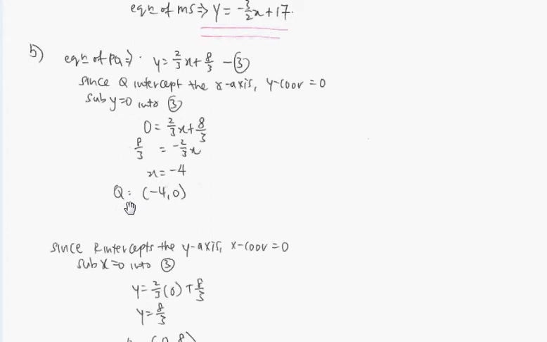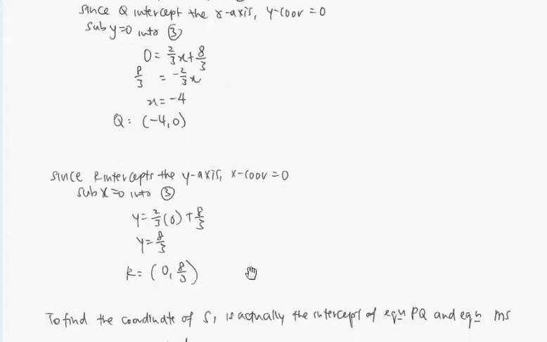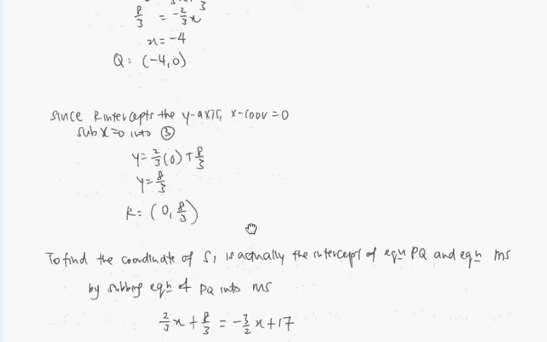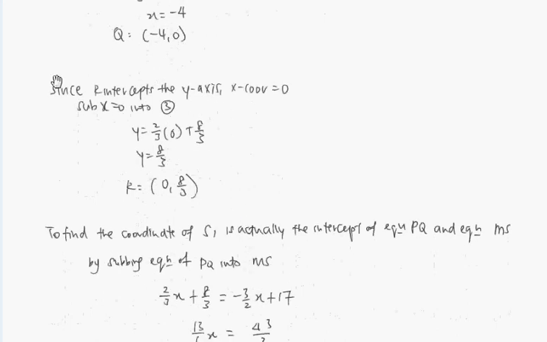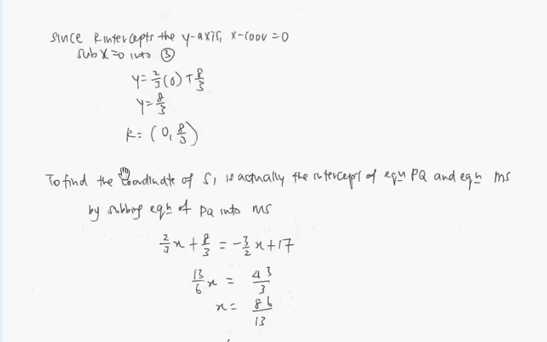So the coordinate of Q is -4, 0. To find the coordinate of R, which intercepts the y-axis, we sub in x equals 0 into the equation of PQ, and we get y equals 8 over 3. Therefore, the coordinate of R is 0, 8 over 3.